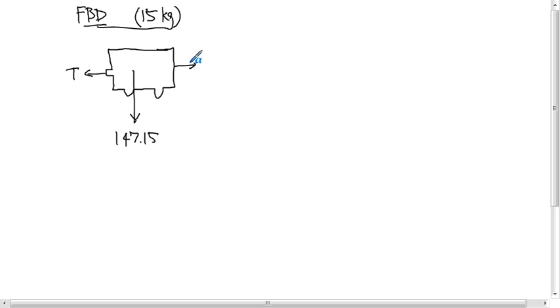There's still that external, that 50 Newton force is still applied to the 15 kilogram cart. And one more place. The wheels, yep. So I'll call that N15.